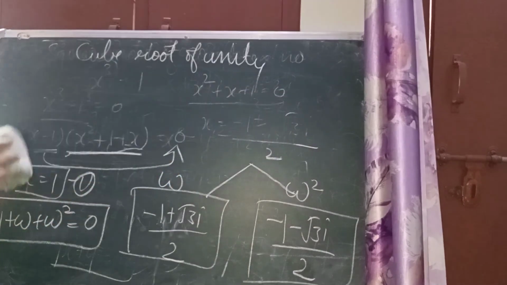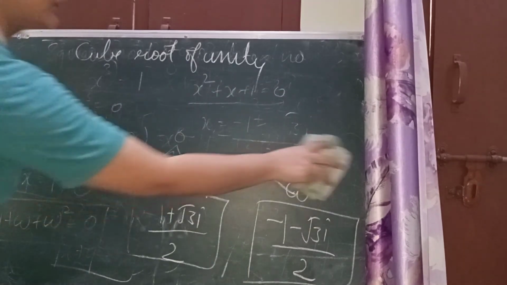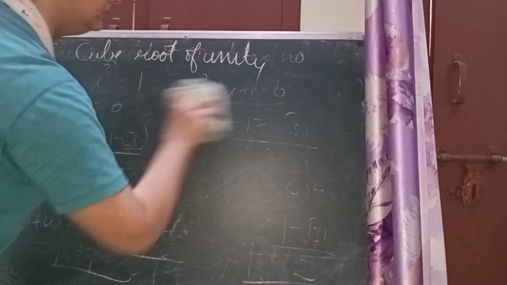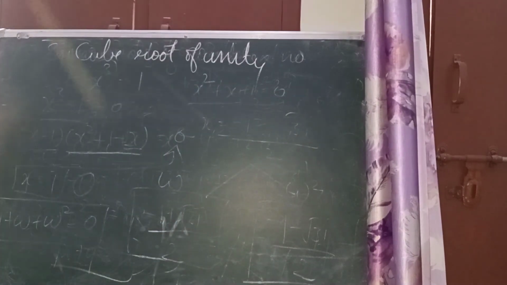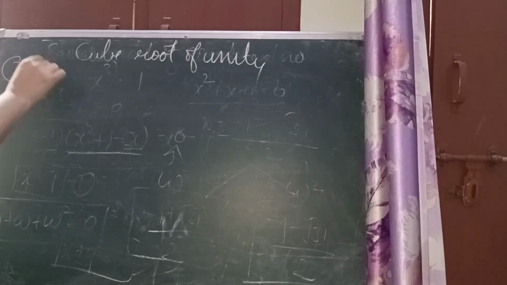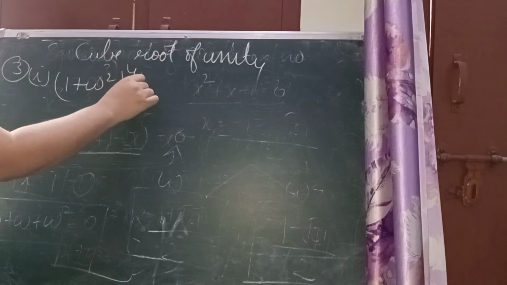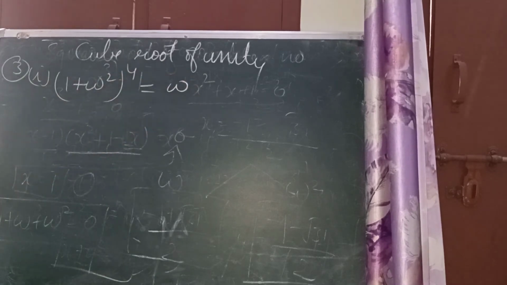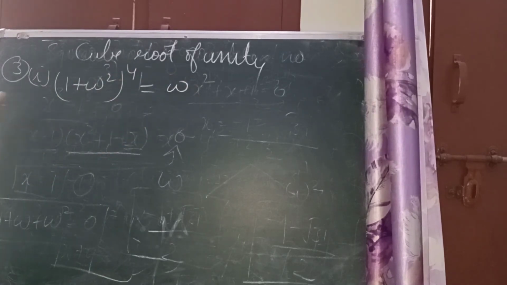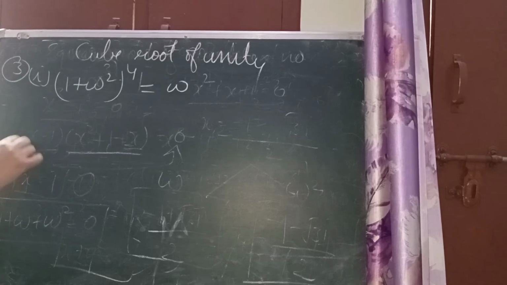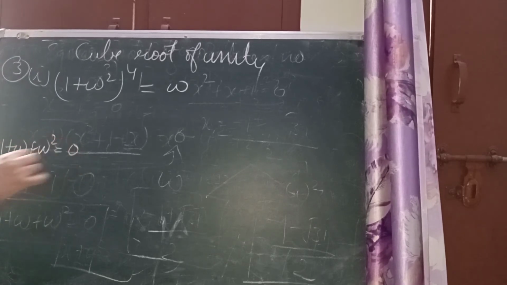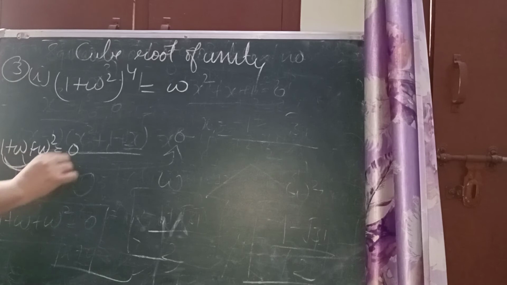Now I am telling 1 or 2 questions based on these, so please listen carefully. Question number 3, first part. It's given (1 + omega square) power 4, and we have to prove it equal to omega. As we know, 1 plus omega plus omega square is 0, so 1 plus omega square will be minus omega.